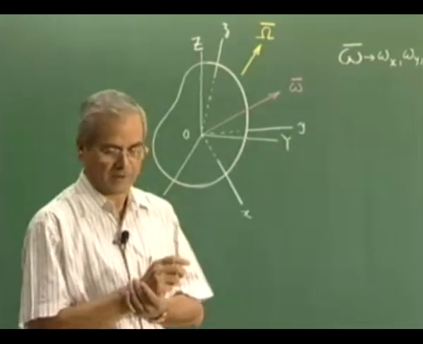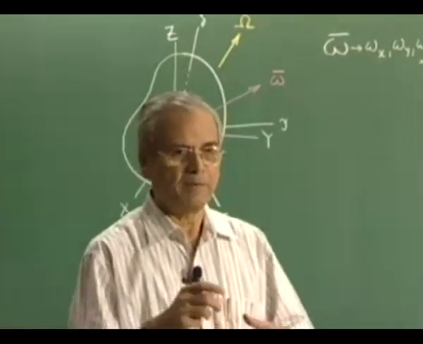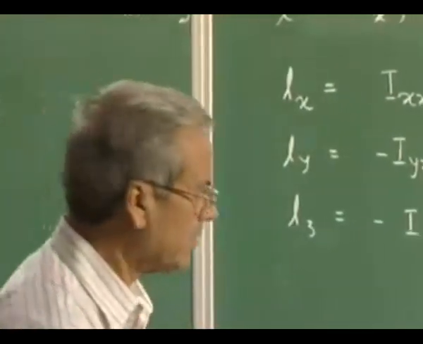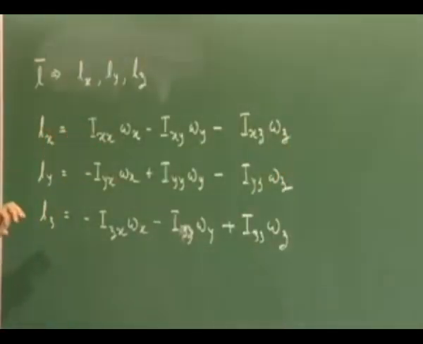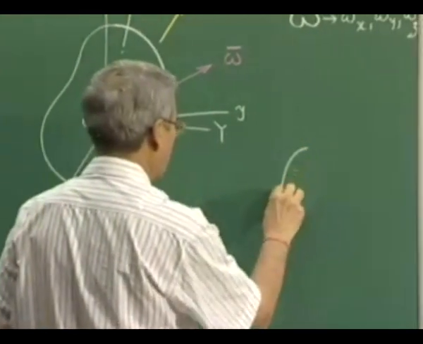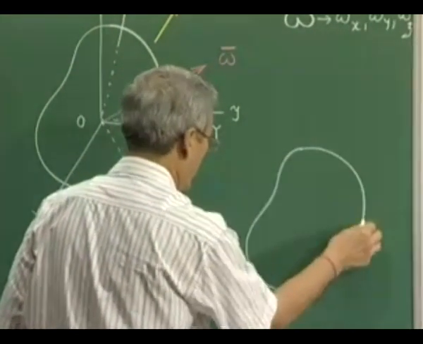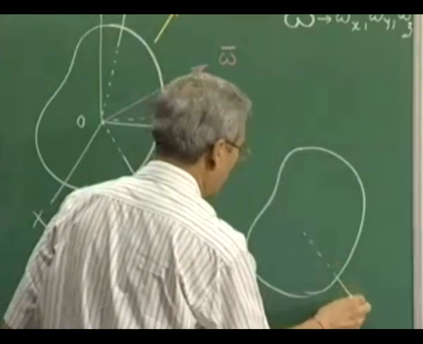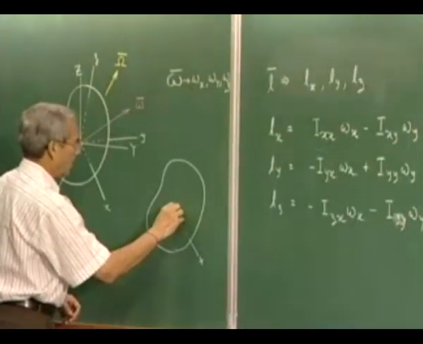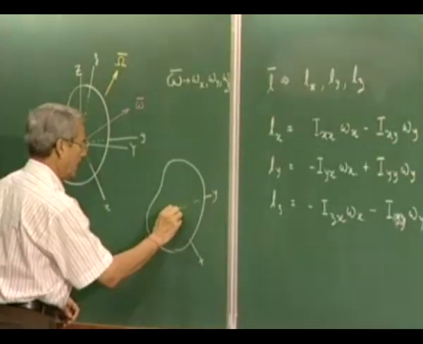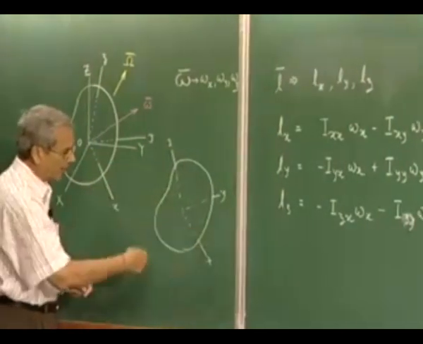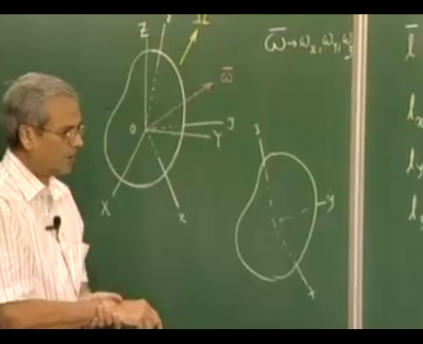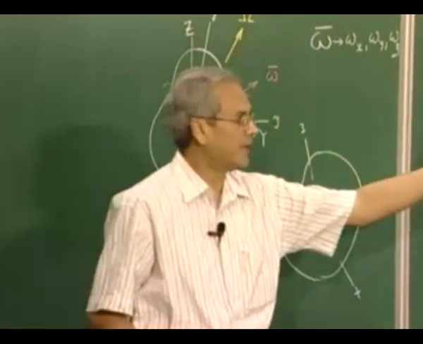where Ixx is the second mass moment of inertia, or simply the moment of inertia of the rigid body about the x-axis. So for this rigid body, along this direction x, along this direction y, and along this direction z, if I define its moment of inertia about x-axis, that is Ixx.